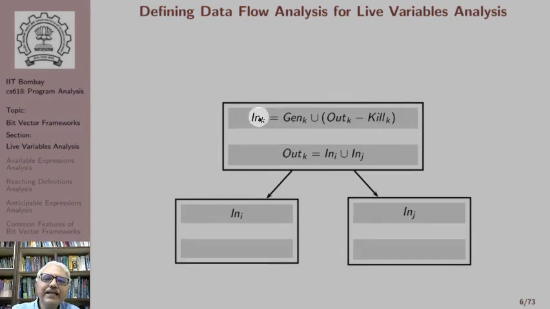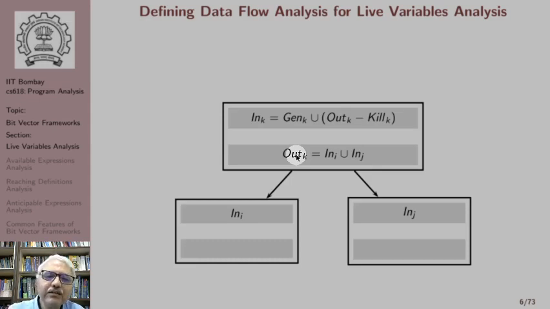The set in stores the variables satisfying the property at the entry of a basic block, and the set out stores the set of variables that satisfy the property at the exit of basic blocks. So in k and out k are also called data flow variables. So how do we compute these sets?